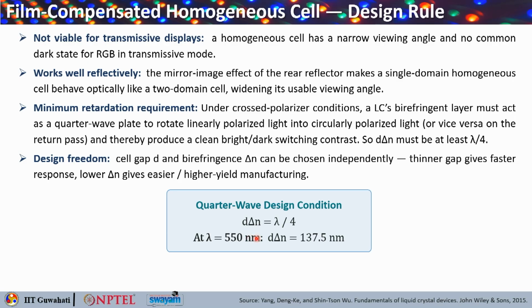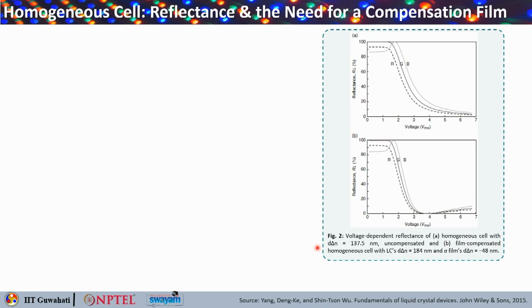So, that is where you can choose this independently. With the quarter wave design condition d delta n equals lambda by 4, and considering lambda equals 550 nanometer, the peak of the human photopic sensitivity, d delta n comes out to be 137.5 nanometer.